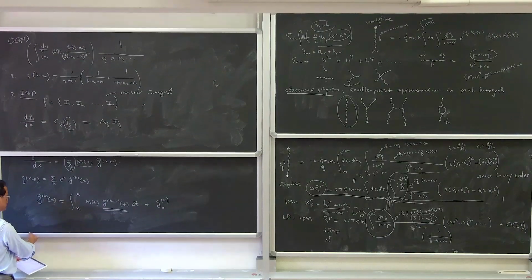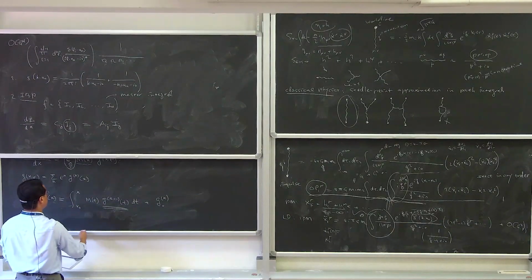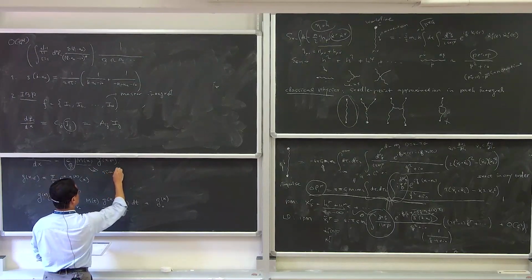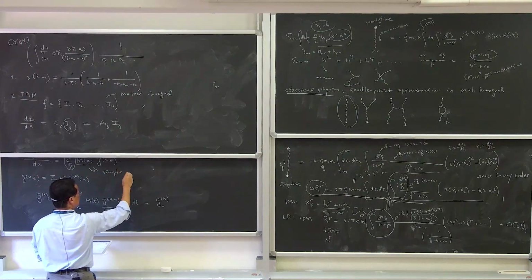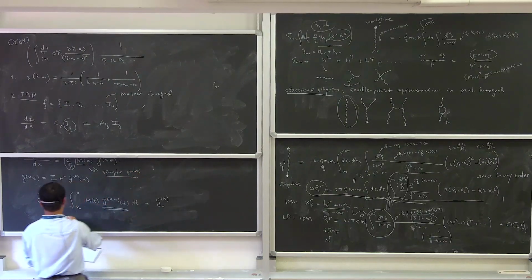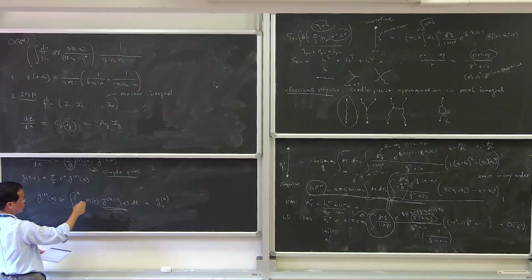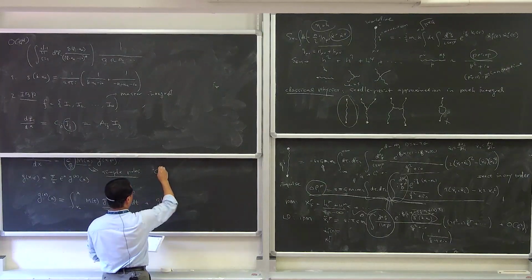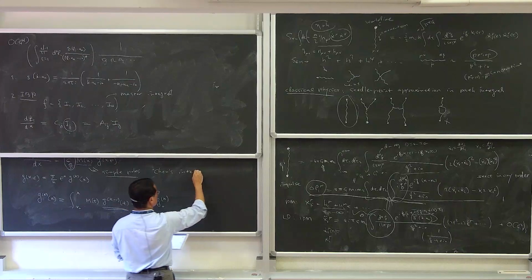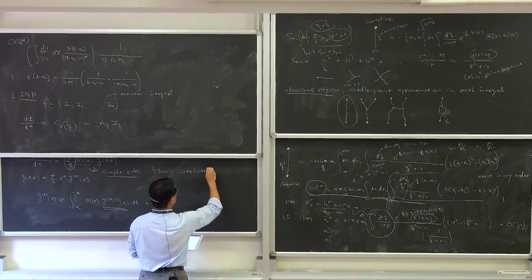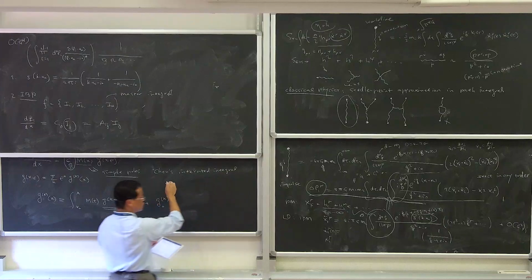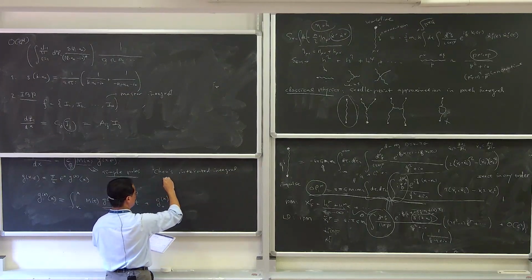In particular, if this matrix has a simple pole, then this solution is a chain of iterated integrals. It is also known as multiple polylogarithms.